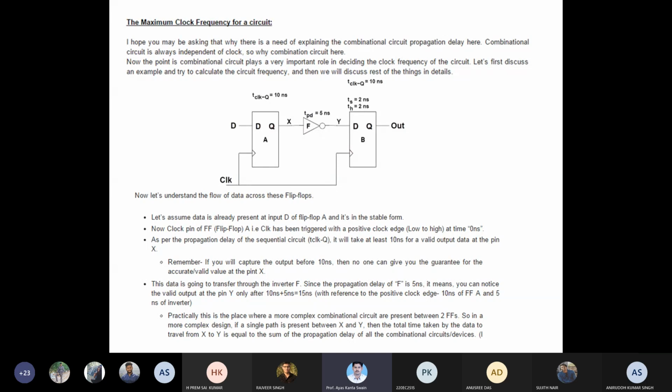This is the question: we have to find the frequency of operation and see the importance of setup time while deciding it.